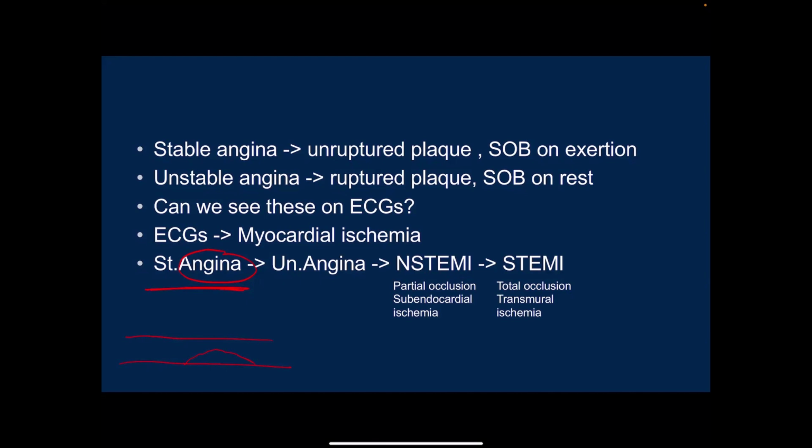And basically, for a stable angina, the way this comes in questions, they'll tell you that there is shortness of breath or chest pain on exertion or on exercise, when he moves too much or exerts too much. But when he's resting, he feels fine, okay? So the symptoms are very predictable. When he exerts, there is pain, there is shortness of breath. When he's at rest, there are no symptoms.